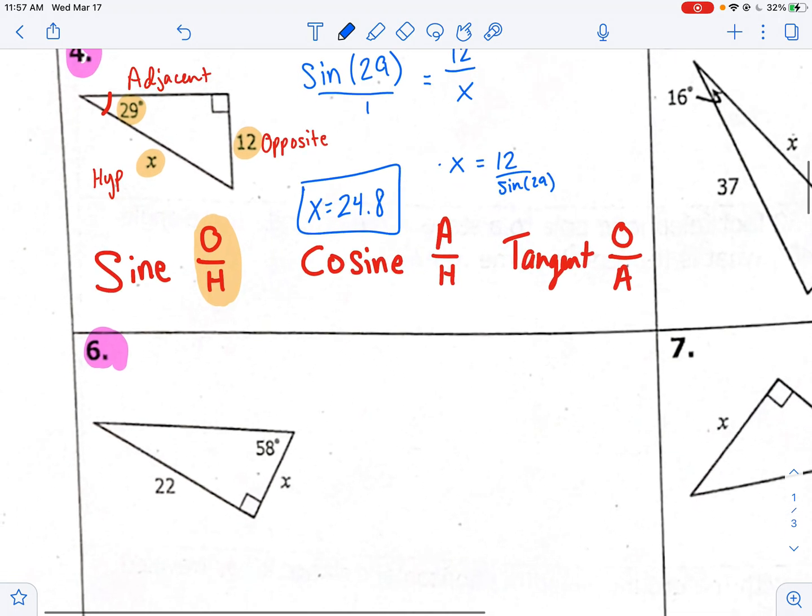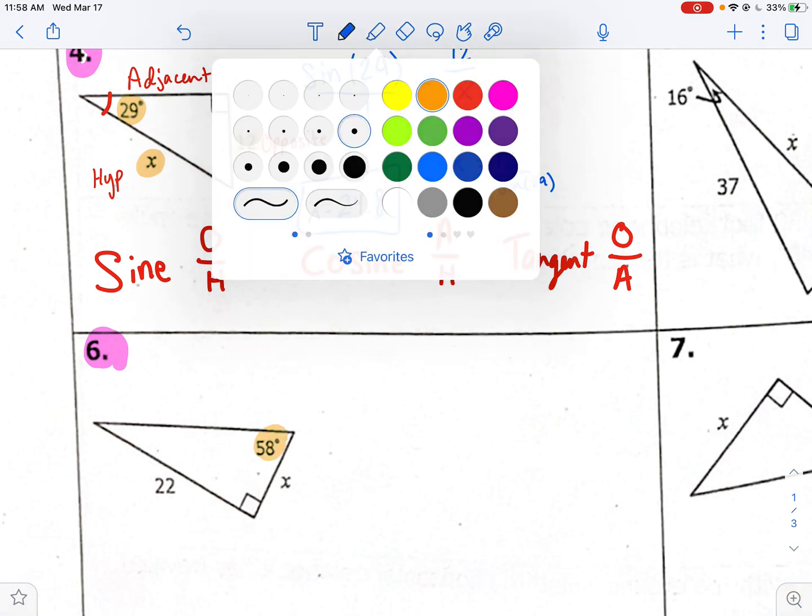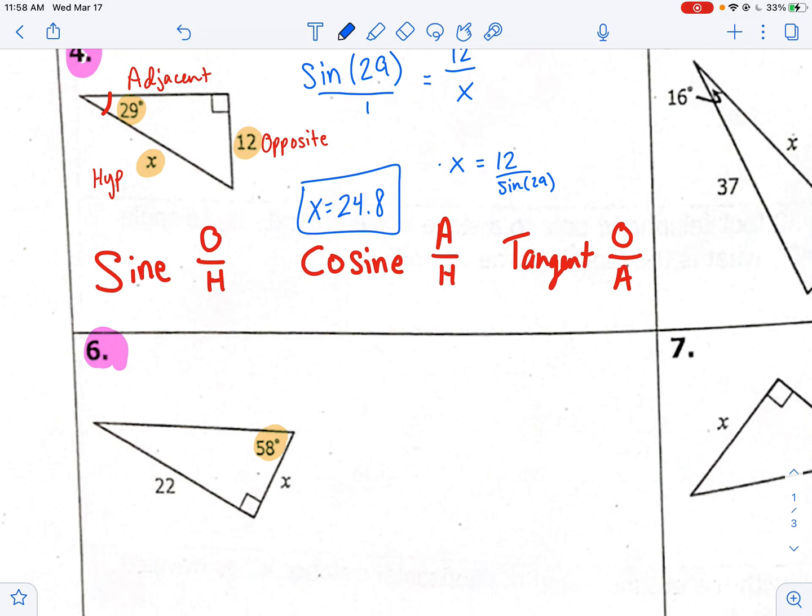All right, let's try two more. Now my angle is 58. The 22 looks like it's going to be the opposite, across from 58. I do not have the hypotenuse. I have the adjacent and the opposite.